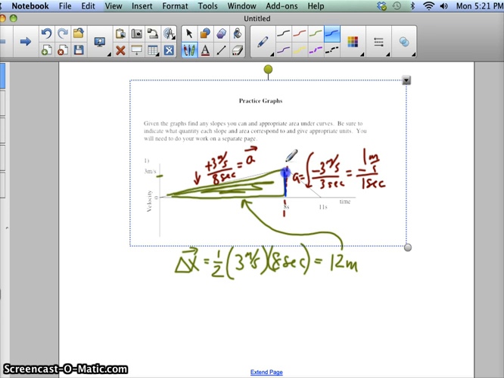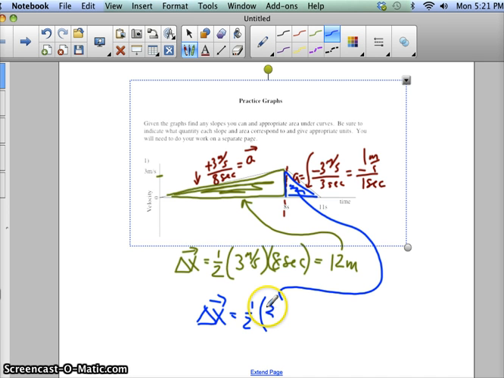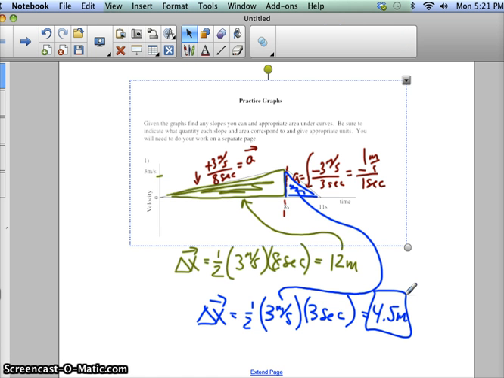Then we have this blue triangle here. So that's going to be the second displacement, which is going to be 1/2, and again 3 meters per second height, and that's for 3 seconds. So this is basically half of 9, which is 4.5 meters. So we have 2 displacements.